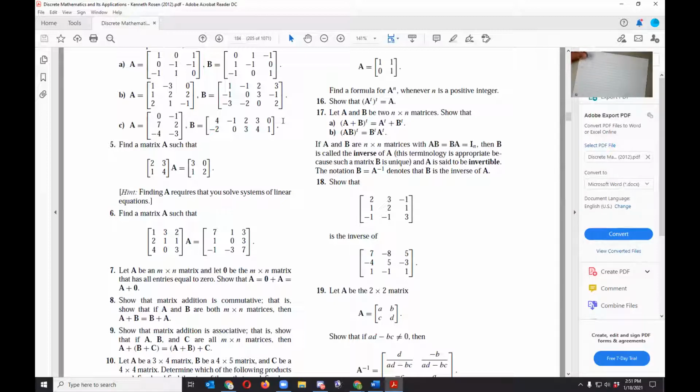Finding A requires that you solve systems of linear equations. I don't know how many of you were doing this in high school. I was not. And this is just what makes sense to me.